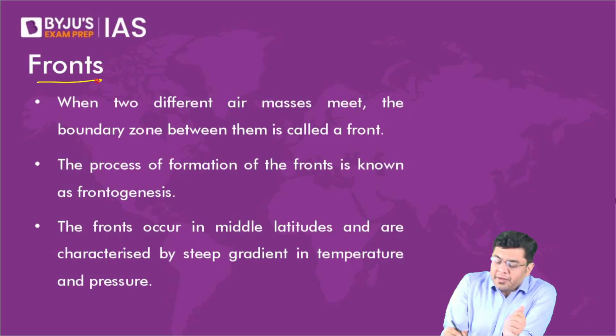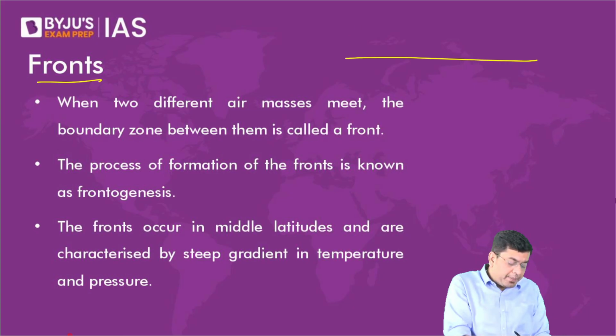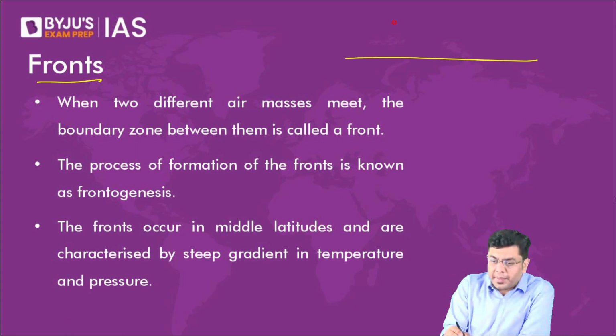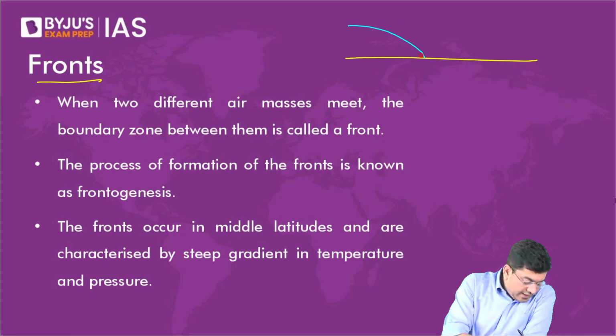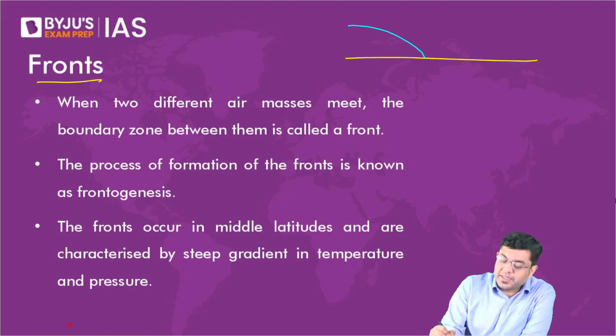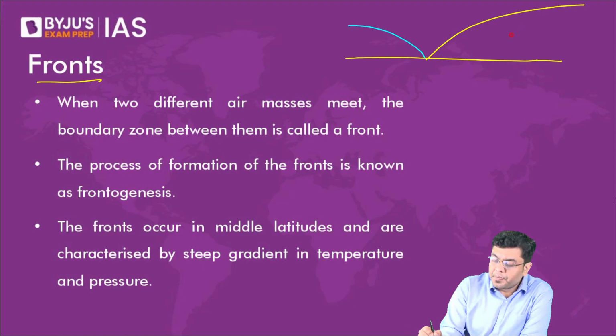So, whenever we have, let's suppose, from the polar area, let's assume that you have a cold air parcel coming in, a very cold air parcel. And then from the tropical region, let's suppose you have a warmer air parcel which comes in. So you have warm air and cold air.